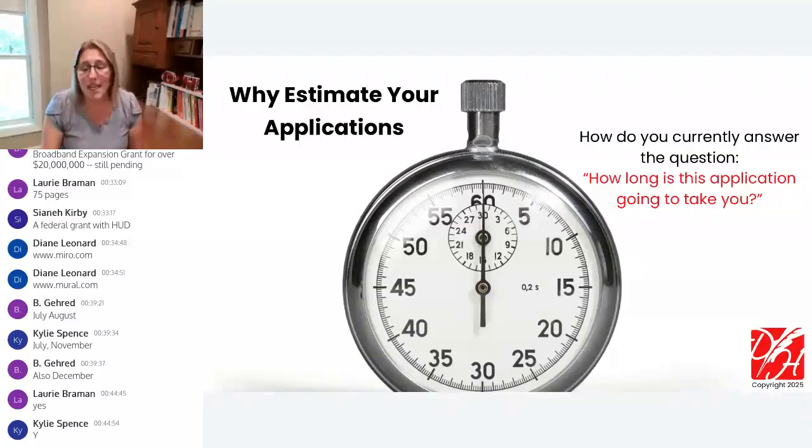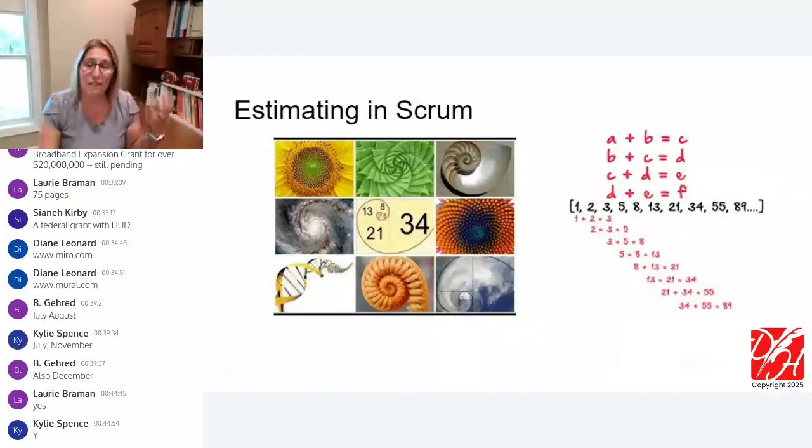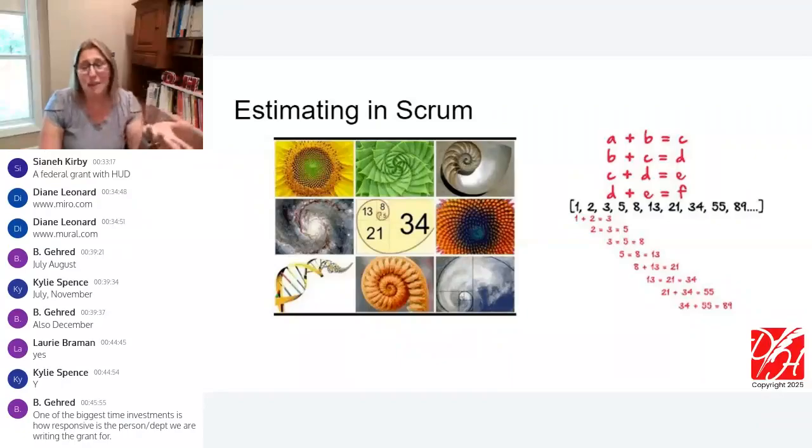So what many Agile teams will do is estimate their work, and they will use something that ties back to the Fibonacci sequence, which is the naturally occurring order of numbers. Some of you may have heard from the Da Vinci Code, which talked a lot about the Fibonacci sequence, and the Vitruvian Man.